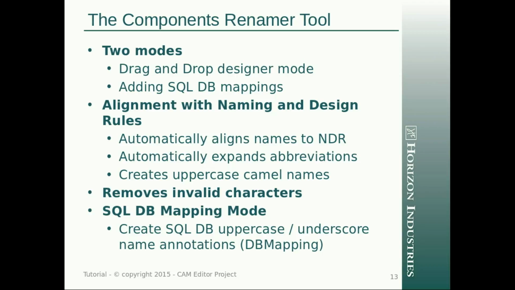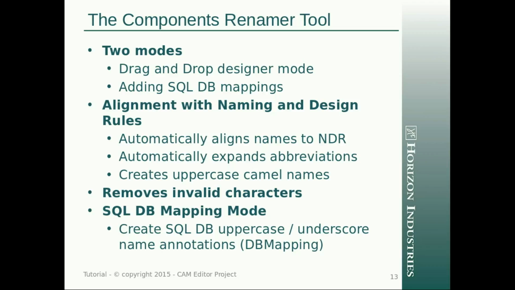Well, the renamer helps you align to the naming design rules. So it will automatically expand abbreviations, create uppercase camel names, and fix a whole bunch of invalid characters and bad practices that it may encounter.